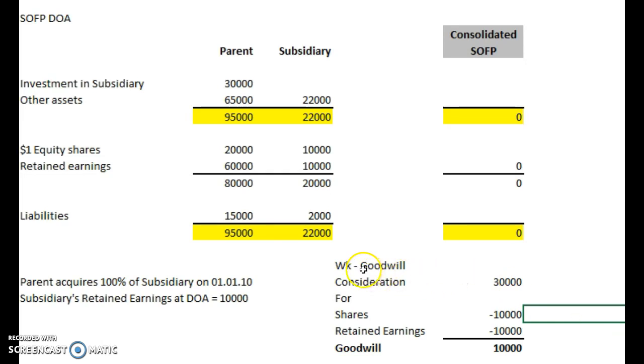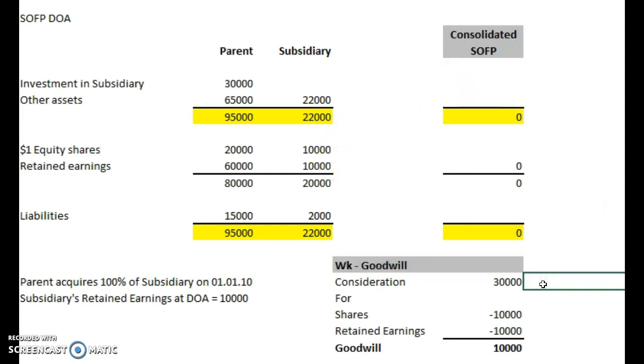Now that was fairly clear on this easy example, that we paid 10,000 more than the equity that we purchased, but it's good to start with an easy example. So we'll put that straight in the balance sheet of the consolidated group, and it goes in as an asset.